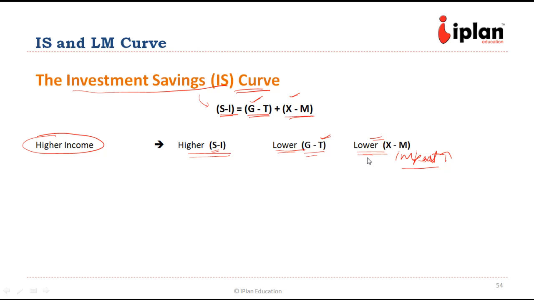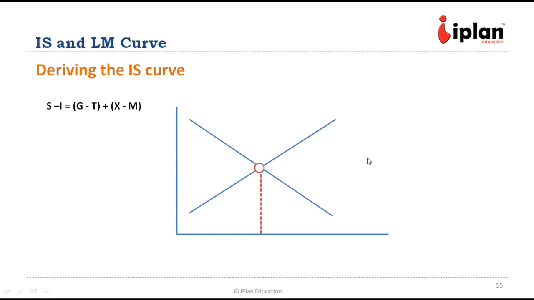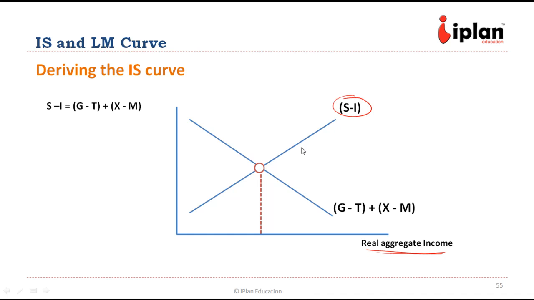So how do we derive it? We have already seen that if we increase the real aggregate income, S minus I is going to be higher. There was a direct relationship between these two. On the y-axis we have S minus I or G minus T plus X minus M. This curve shows S minus I versus real aggregate income.